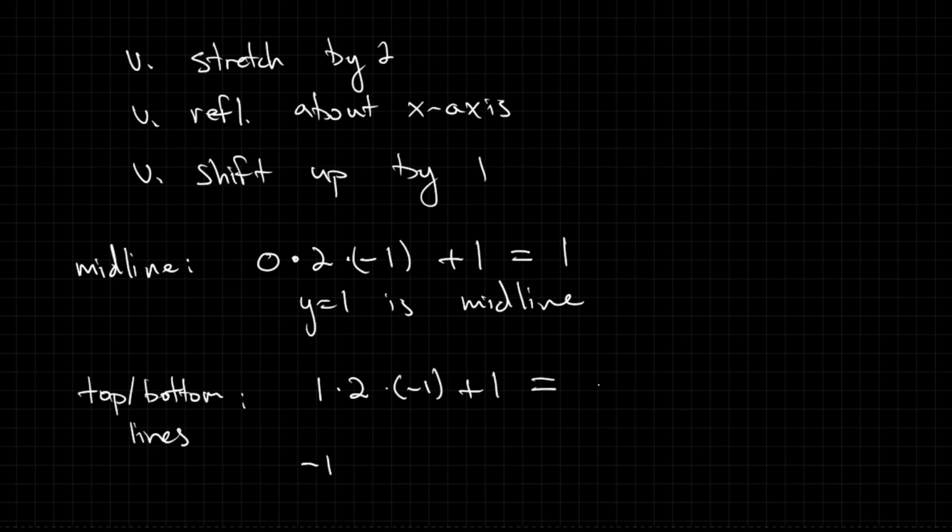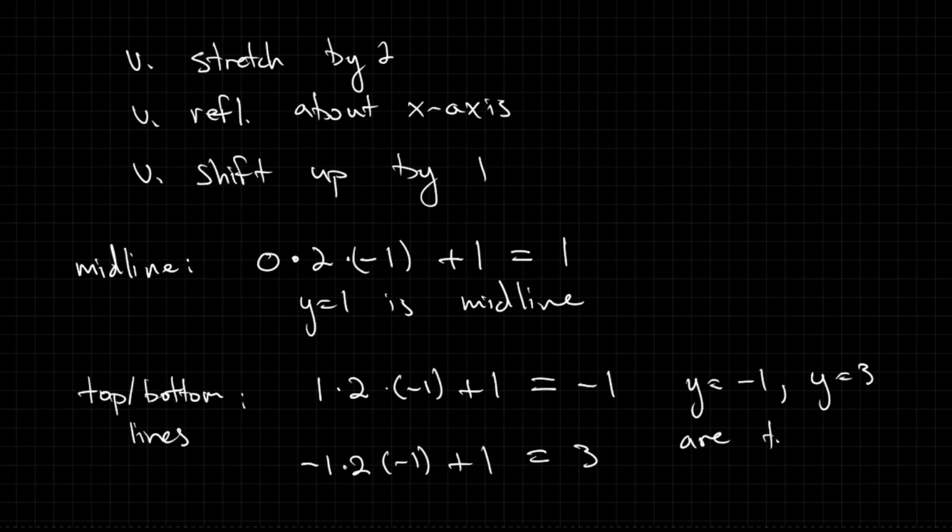Negative 2 plus 1 is negative 1, and then we'll multiply here by 2 and negative 1 plus 1, and we get a value of positive 3. So y equals negative 1 and y equals 3 are the top and bottom lines.